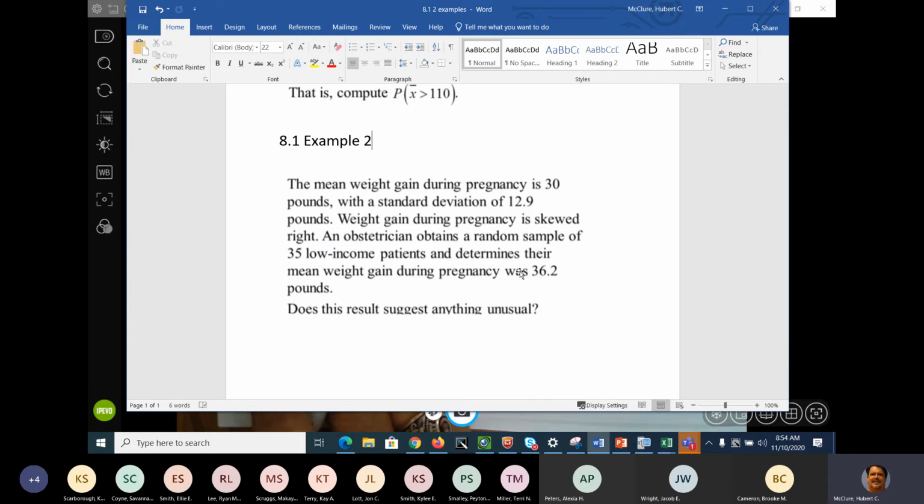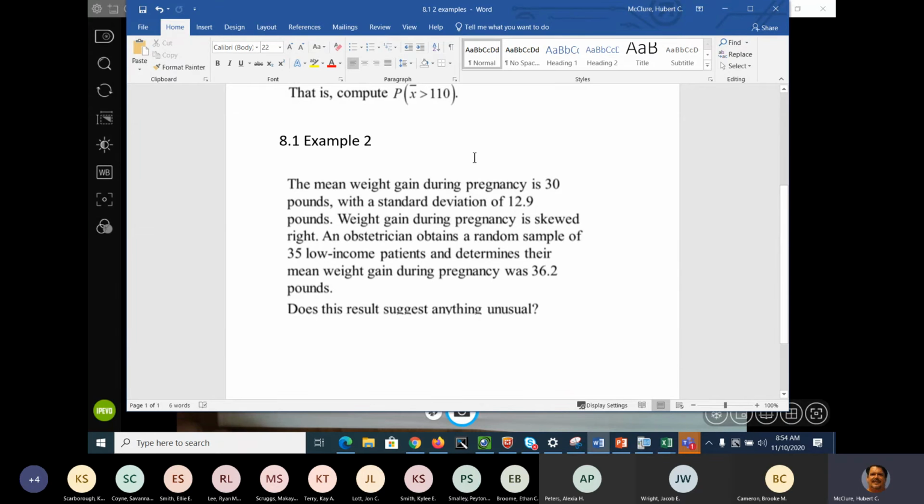Mean weight gain, 12.9 pounds. Weight gain during pregnancy is skewed right. Skewed right means that most of the weight gain is early in the pregnancy. Skewed right would be like this. An obstetrician obtains a random sample of 35 patients and determines their mean weight gain during pregnancy was 36.2.